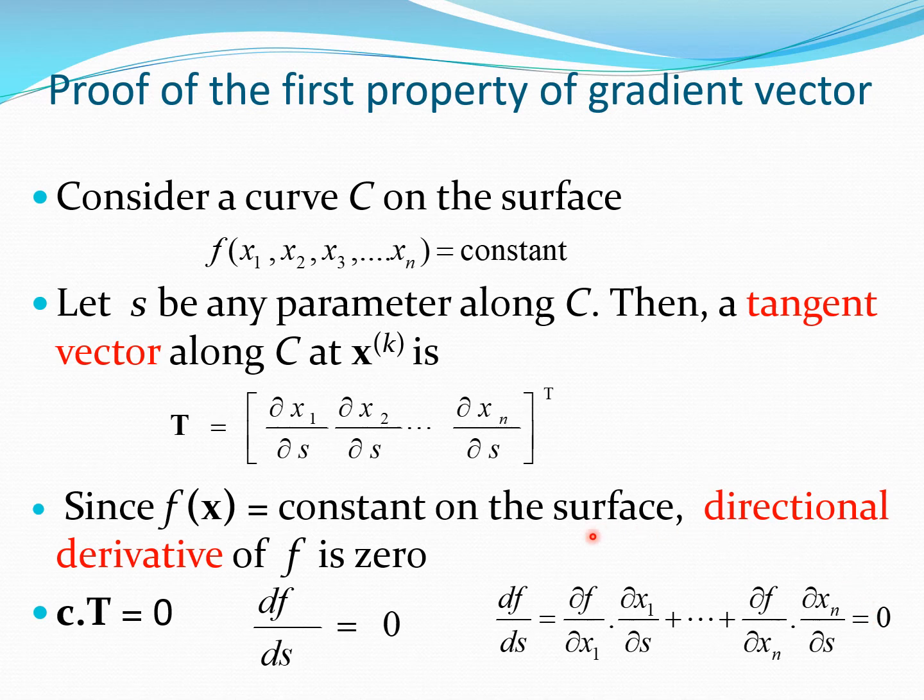If you look at this equation very carefully, you will see that df by dx1, df by dx2, up to df by dxn are all components of the gradient vector, and the second series of terms, dx1 by ds to dxn by ds, are all components of the tangent vector. Therefore this equation can be written in a simple vector form as c dot t equals 0, which is the fact that we are trying to state here: the c vector and the t vector are normal.